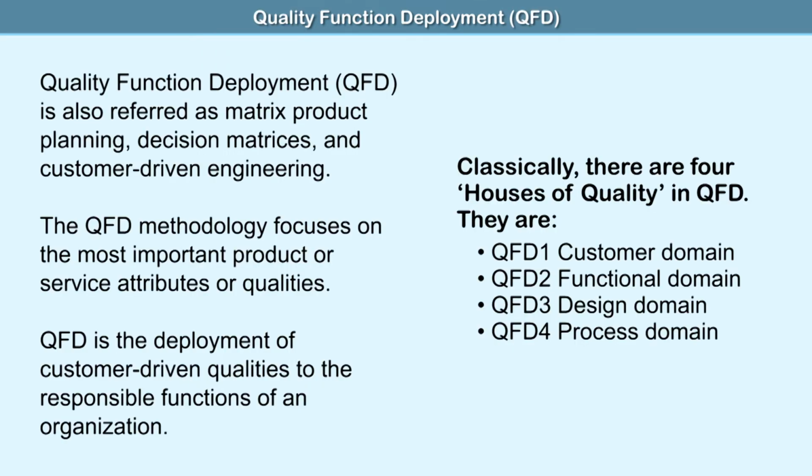The next quality management system is quality function deployment. Quality function deployment is also referred to as matrix product planning, decision matrices, and customer driven engineering.